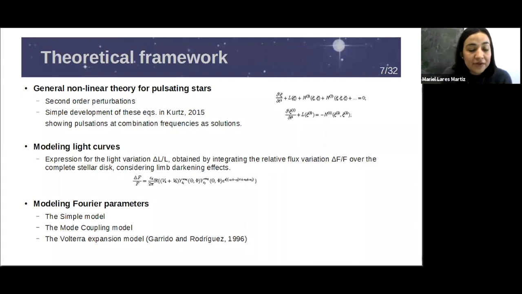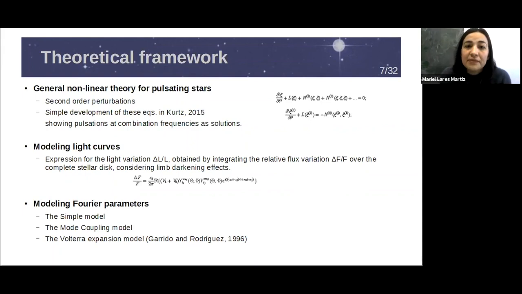in our power spectra. So many researchers have centered their studies on trying to model light curves, meaning to develop a proper expression for the light variation, obviously considering limb darkening effects.